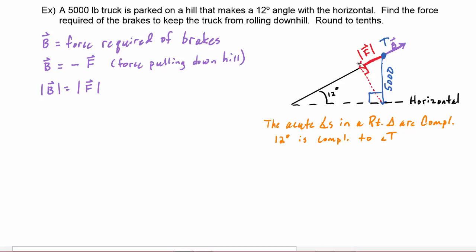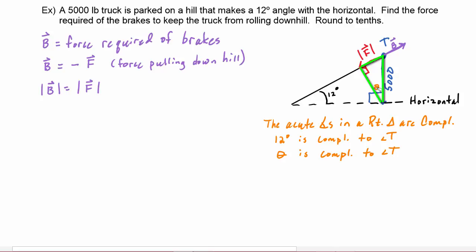Also look at the small right triangle here, and we see that angle T is also in this small right triangle. So that means this angle right here, let's call it theta, is also complementary to angle T, because in this smaller right triangle, the acute angles have to be complementary.